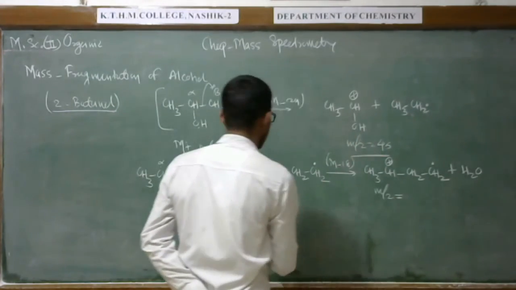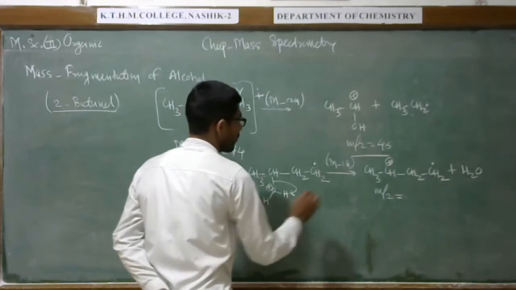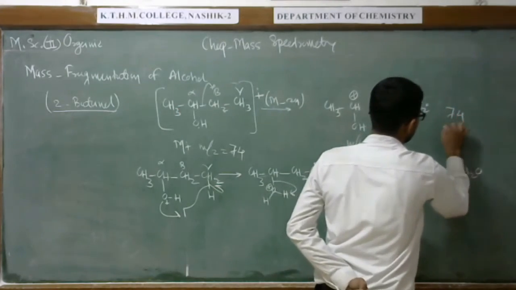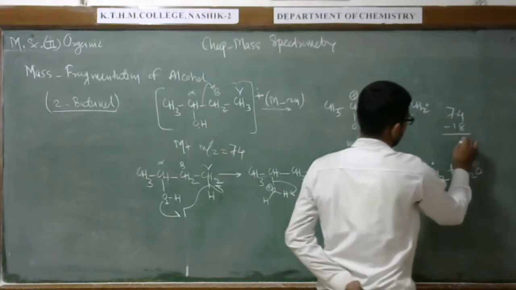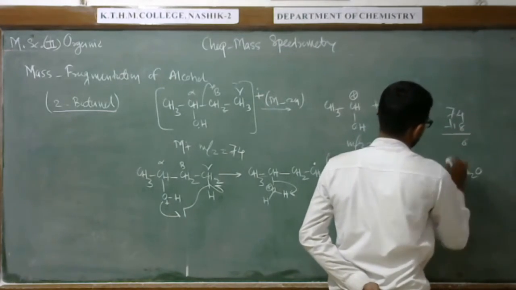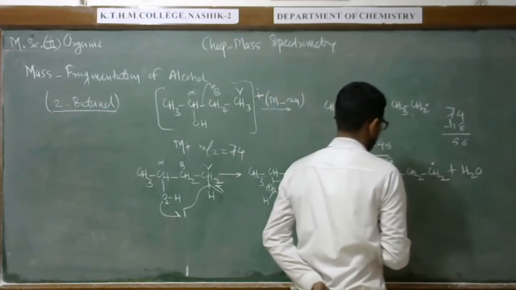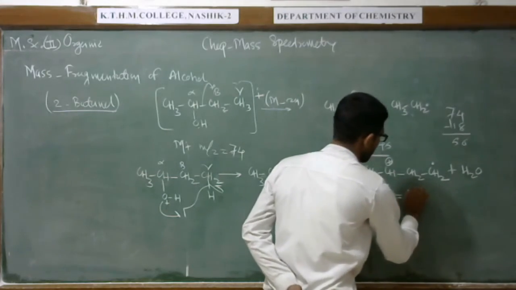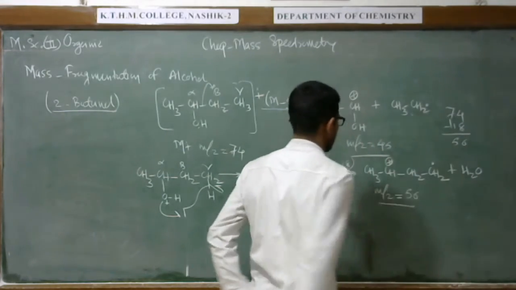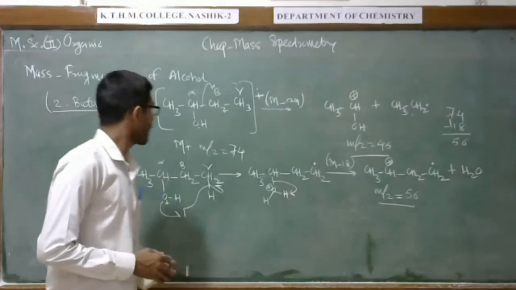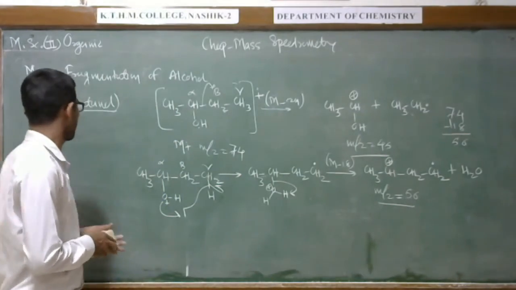It is 74 minus 18. So at this value, 56, we can observe the peak. So in this way we can show the mass fragmentation for two-butanol.